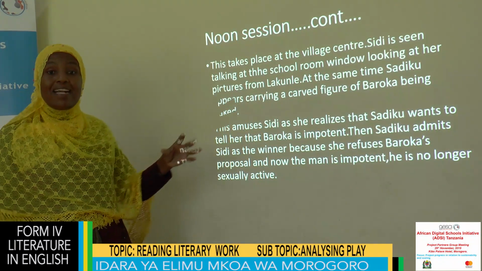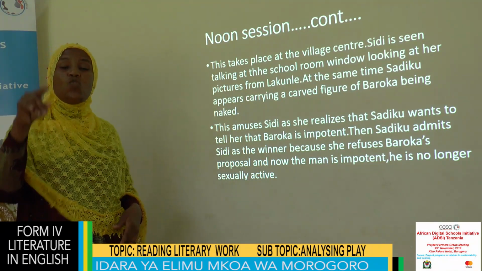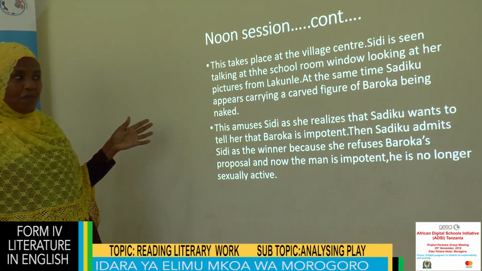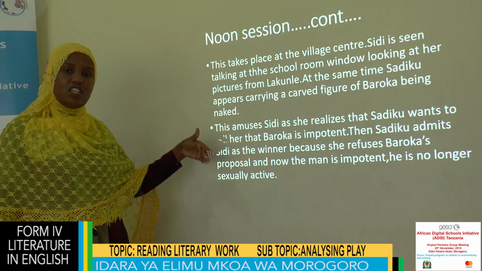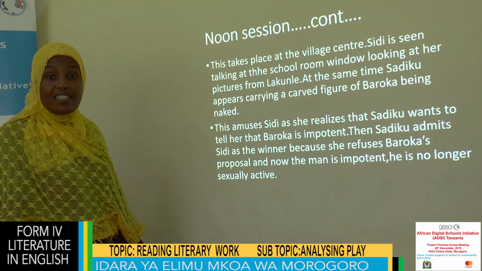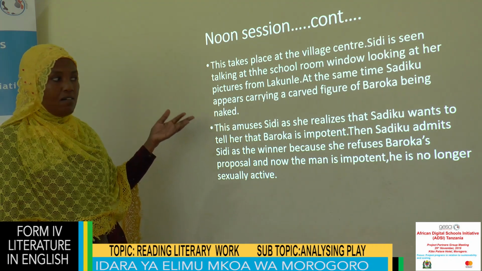By coming with that carved picture of Mr. Baroka, I want to tell you that you have won. Just because you rejected the proposal, the chief, who is very strong, who is very oppressive, is no longer sexually active. So you are the winner.